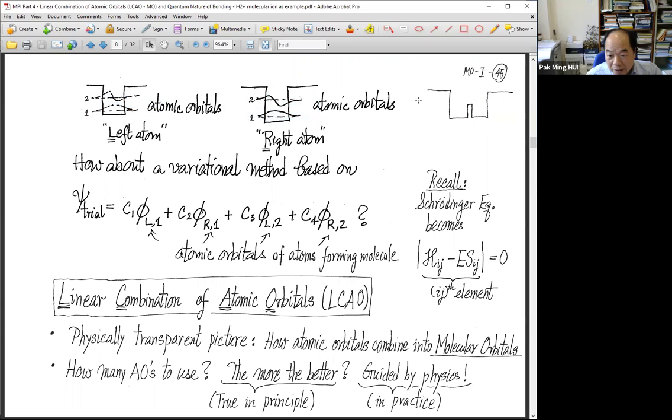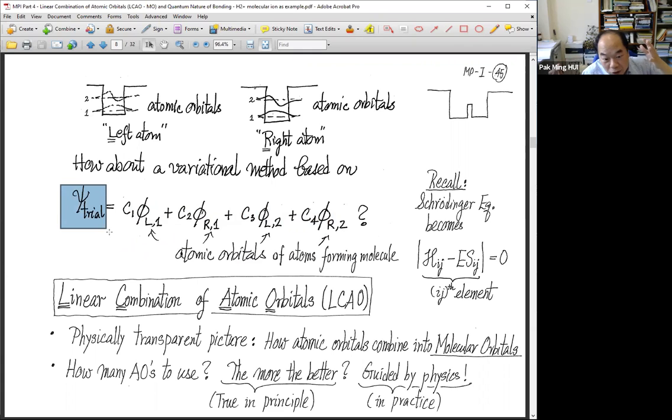What immediately comes to our mind is that when we want to solve for this, maybe I take the ground and first excited state on the left, and then I take the ground and first excited state on the right. R means right. I form a linear combination of the ground state from left and right, and first excited state from left and right. I take this as a trial wave function.